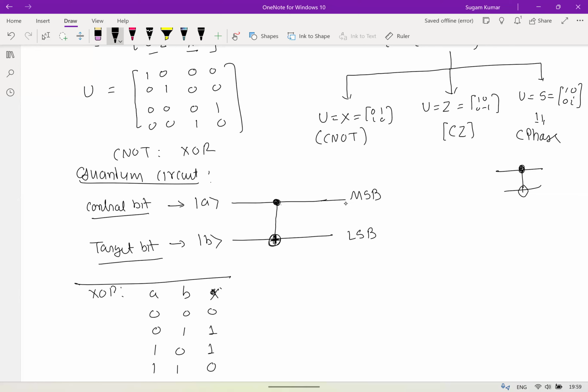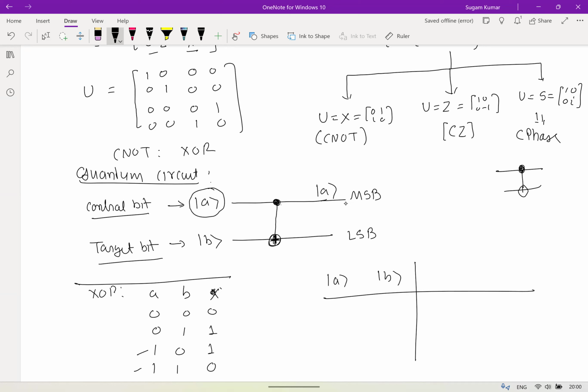It does a very simple task: it flips the spin depending upon the value of the control bit. If the control bit is 1, then it will change the target bit.